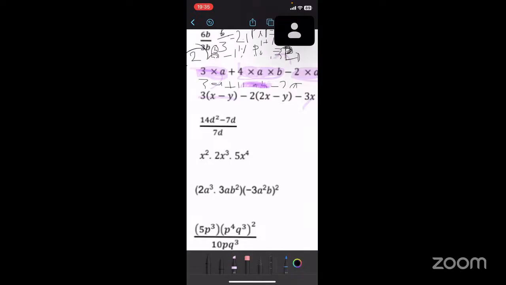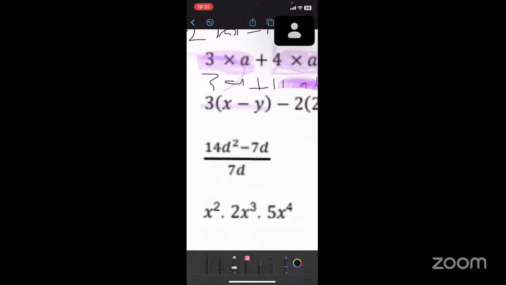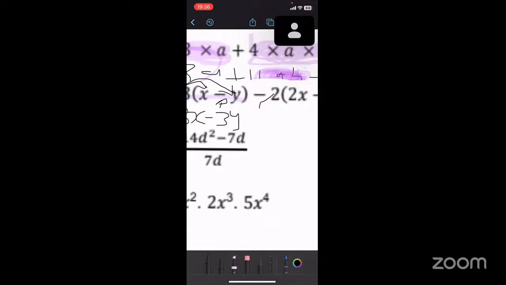So 3 multiplied by x gives us 3x, and that same 3 multiplies minus y, not just y, so we have minus 3y. This is the simplified form: 3x minus 3y.